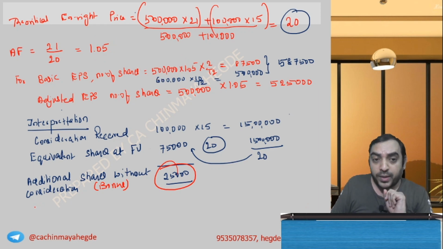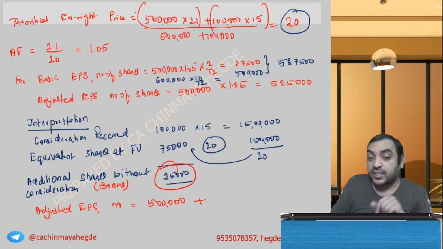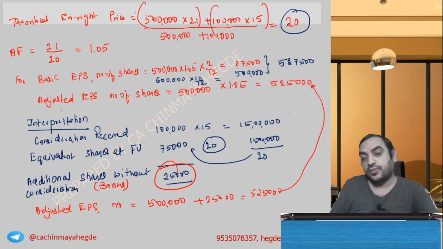So what we should do for basic EPS, for adjusted EPS for previous year? For adjusted EPS, number of shares is 5 lakh plus 25,000 fully, because bonus elements are from the beginning, right? 5 lakh 25,000.